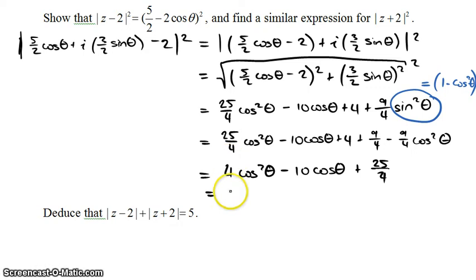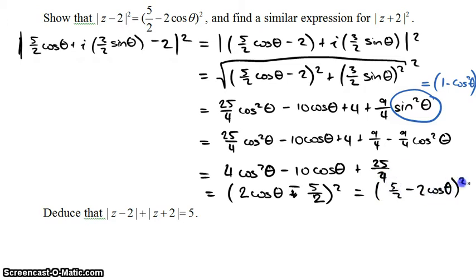Well, you should hopefully see at this stage that this is (2 cos θ)² minus 2 times 2 cos θ times 5/2 plus (5/2)², which is of course just (5/2 − 2 cos θ) squared, because the minus sign is within the square, so the plus or minus doesn't matter.